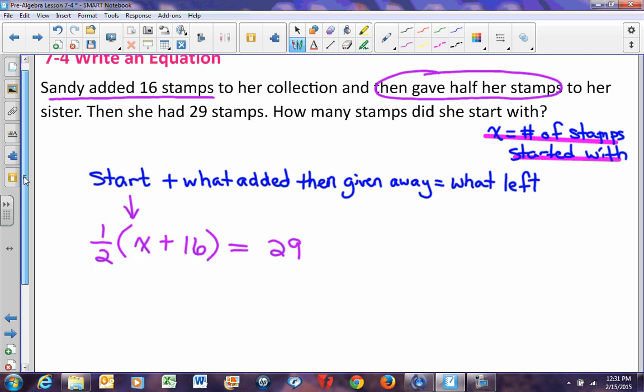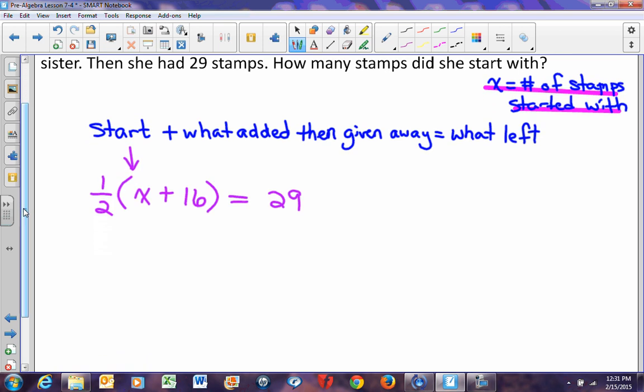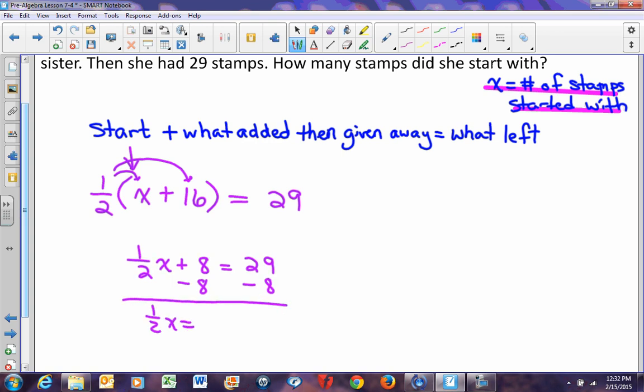1/2 parentheses x plus 16 equals 29. Now we can solve this. Distribute the 1/2 through. 1/2 times x is 1/2 x. 1/2 times 16, well, half of 16 is 8, or 16 over 2, which is 8. That's going to equal 29. Subtract 8 from both sides of the equation. 1/2 of x equals 21.